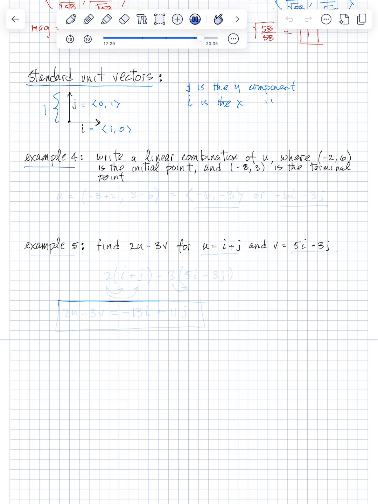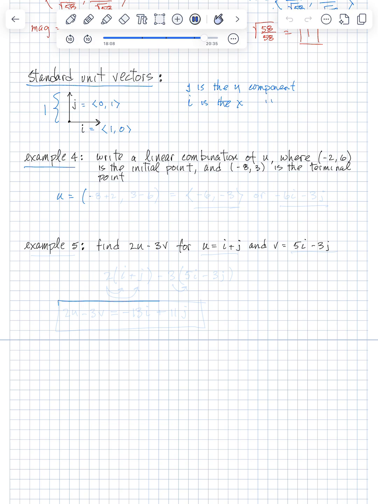It says write a linear combination of u where negative 2, 6 is the initial point, and negative 8, 3 is the terminal point. So this is easy. You don't have to write the vector or draw the vector, but you could if you want. But we'll just say that u is the terminal point minus the initial point.